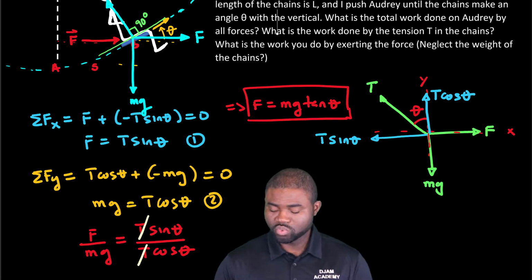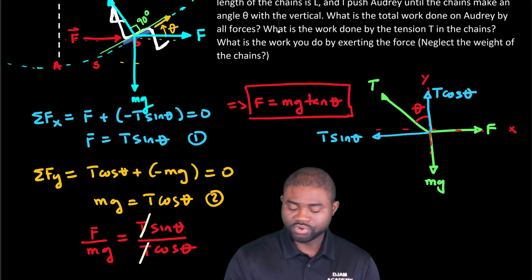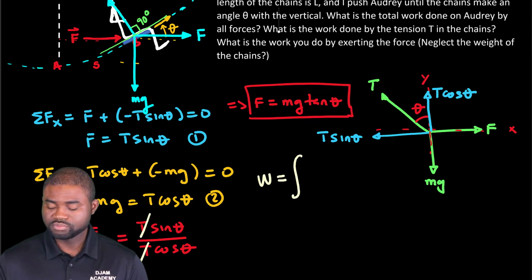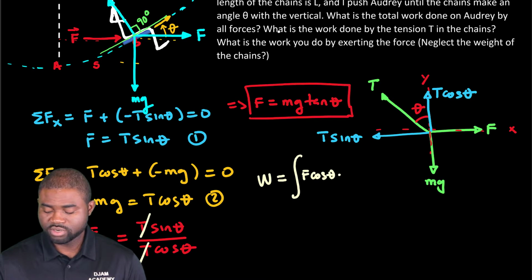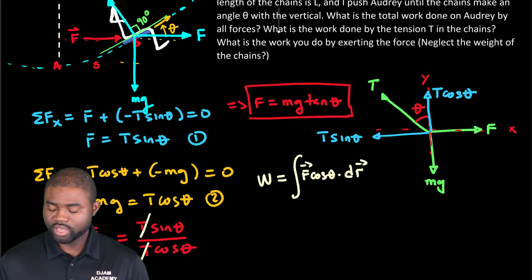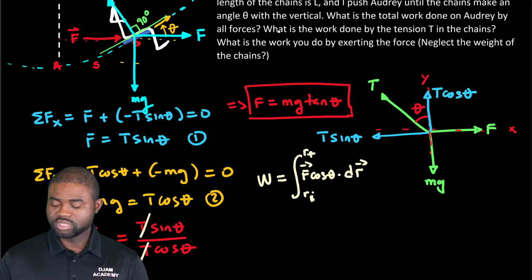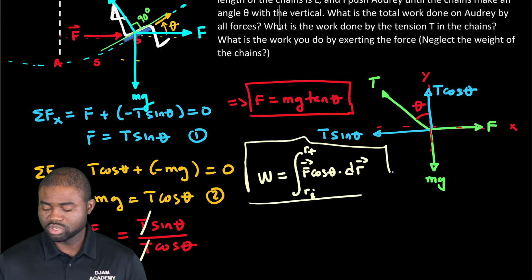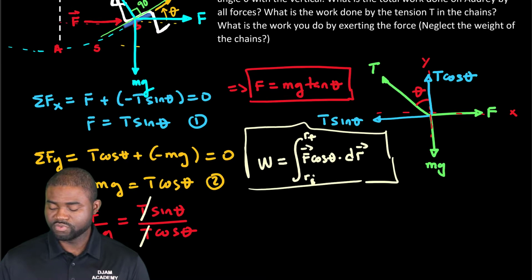To calculate the work done by a variable force, W is defined as the integral of F cosine theta dot dr, and we are integrating from Ri to Rf. This is the general definition to calculate the work done by a variable force.